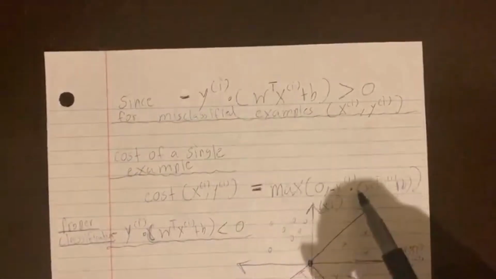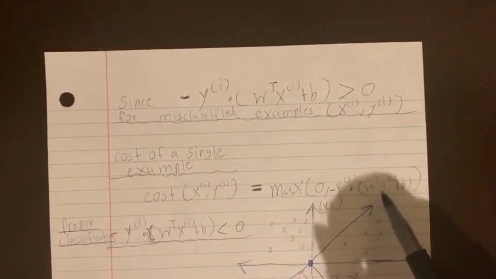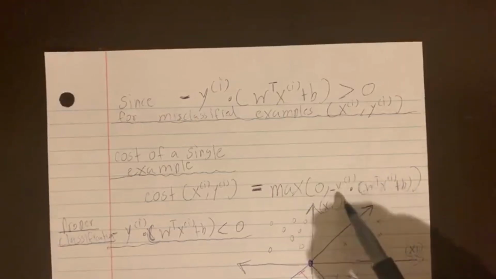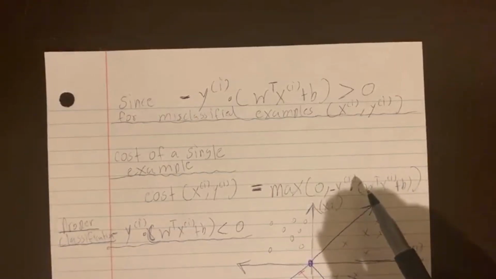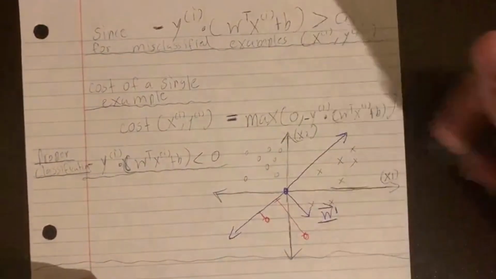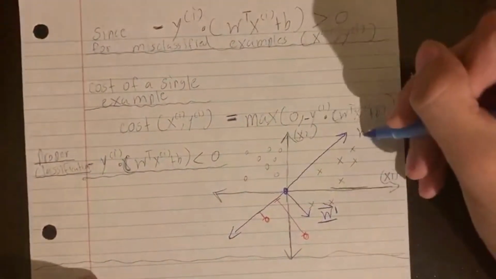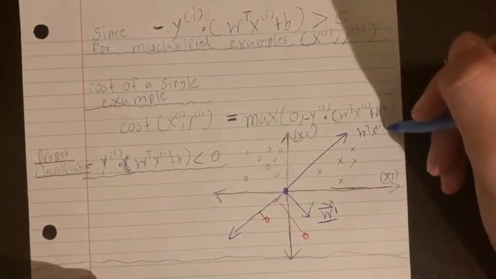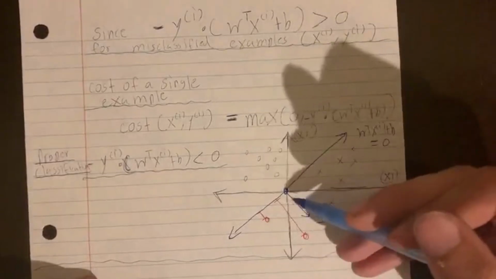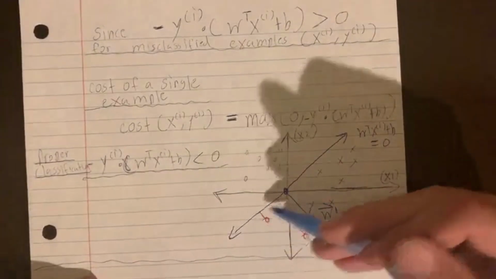And this value kind of tells us how badly we screwed up the classification. So here in this graph, I drew our model, our w transpose x of i plus b equals 0 model, and it separates the two classes.